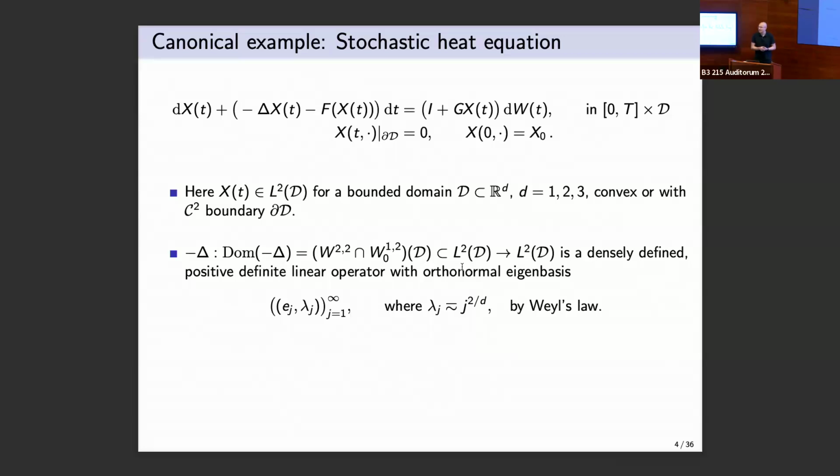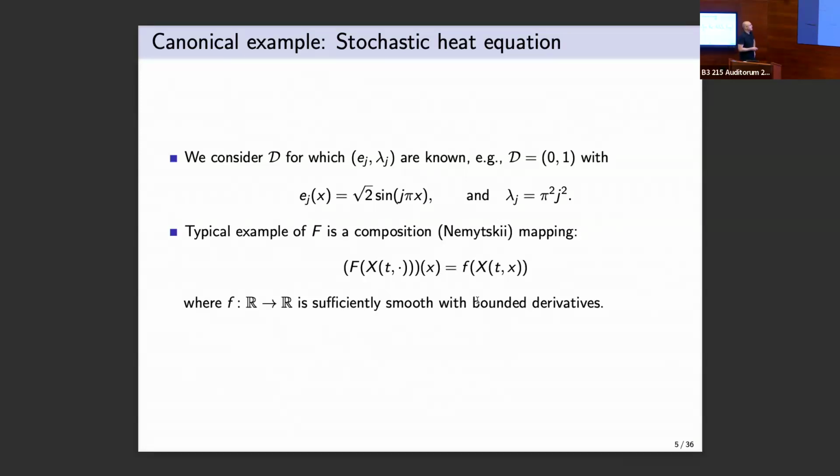And that's important for the approach that we are going to apply, because we're going to use a spectral Galerkin numerical method. In this case, you can spectrally decompose the operator, and you know something about the eigenvalues for this setting: the eigenvalues of the operator grow with this rate, depending on the physical dimension, according to Weyl's law.